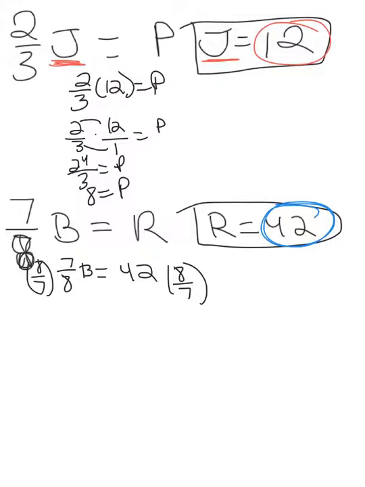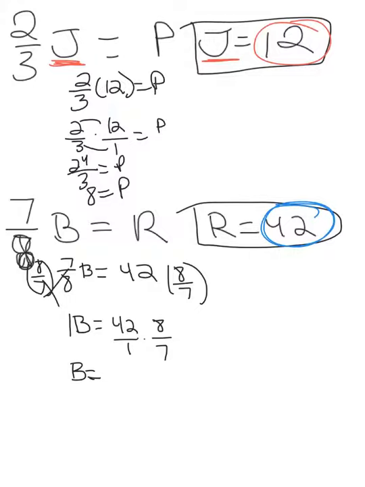So I'll multiply both of those. 8/7 times 7/8, that crosses off, and that equals 1B. And now I'm left with 1B equals 42 times 8/7. Well, if I have 1B, I can simply call that B, and I can go ahead and solve.